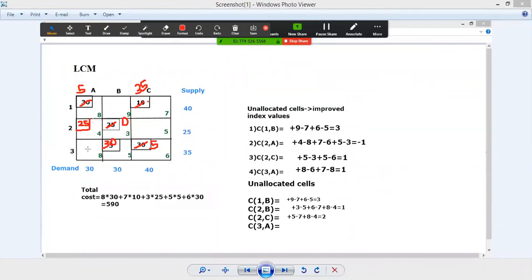Now starting from this particular cell, form a loop. Again alternatively assign plus and minus symbols to all corners of the loop. Now compute the net cost.